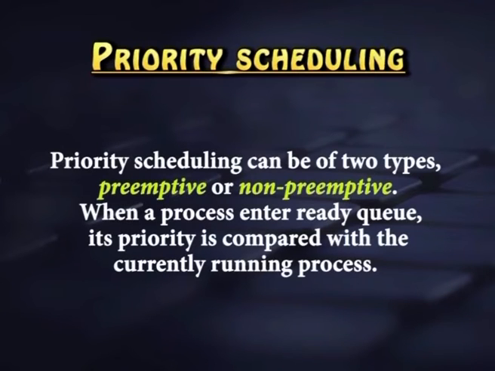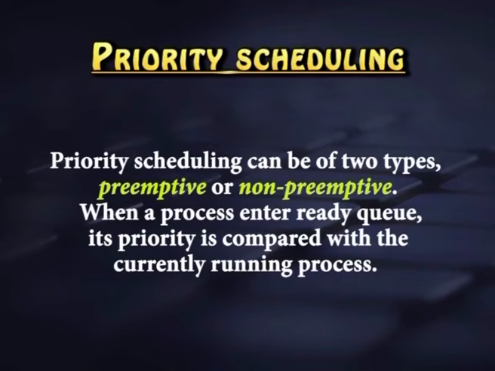Internal priorities can be defined on the basis of CPU time required by the process, memory required by the process, input output resources required, amount of time already spent in the system, etc. The external priorities are not determined by the operating system and are dependent upon external factors such as the importance of the process, financial benefits of running the process, political factors, etc. Priority scheduling can be of two types, preemptive or non-preemptive.